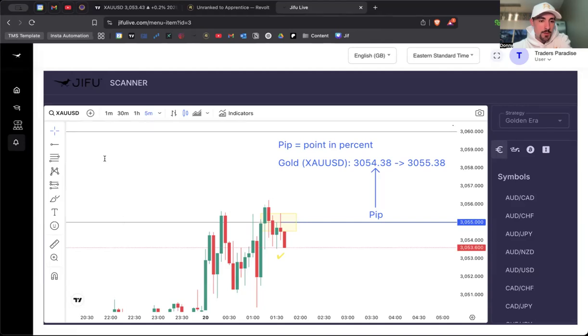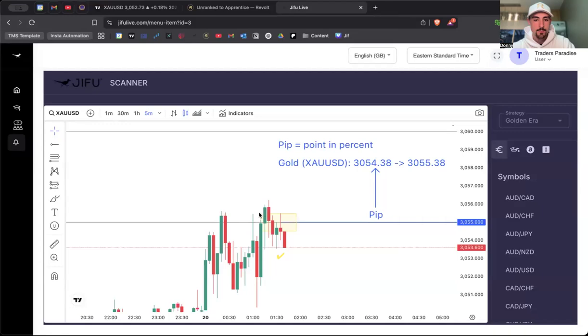What lot size do you recommend for newbies? Well, I always recommend to calculate your lot size as a beginner. I have a video that I can drop in the chat for you guys on how to calculate your lot size. That's your best bet, is to just calculate it. Let me see if I can pull this up for you quick.